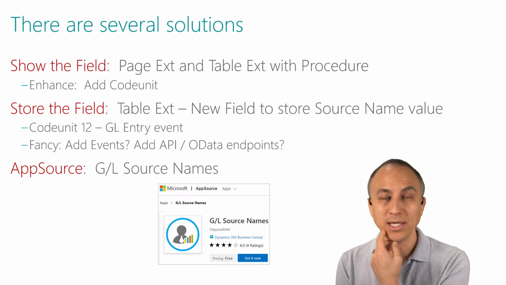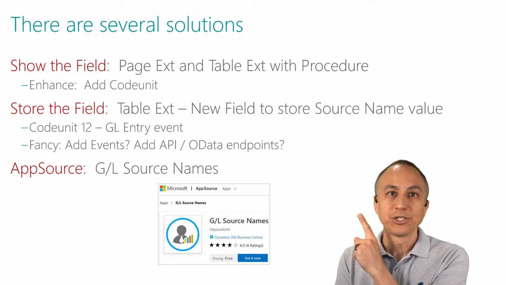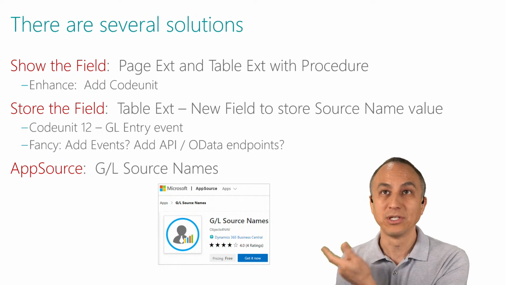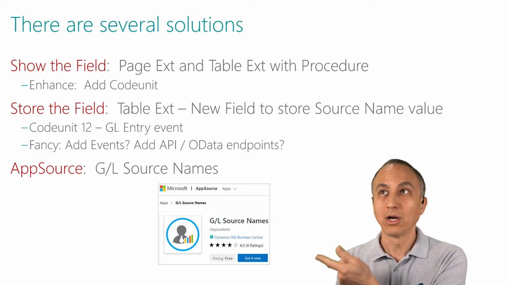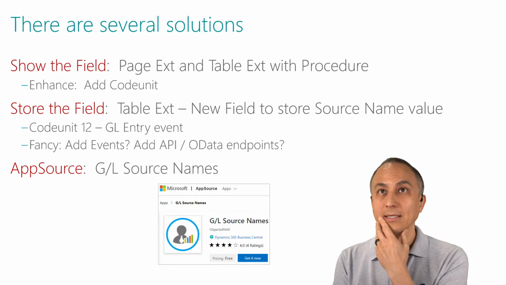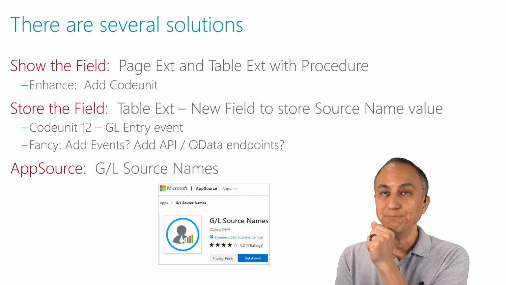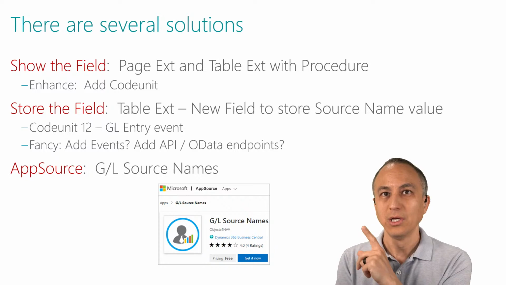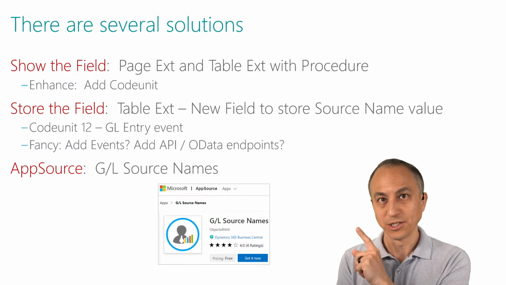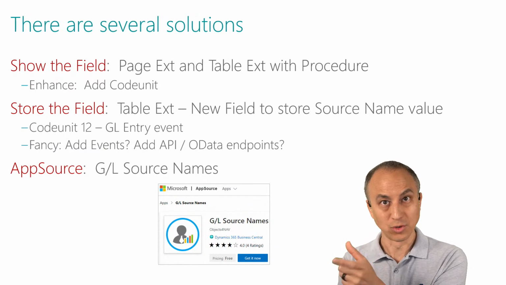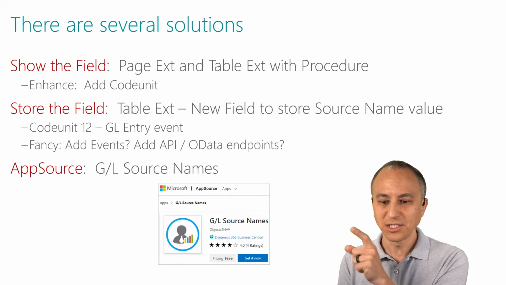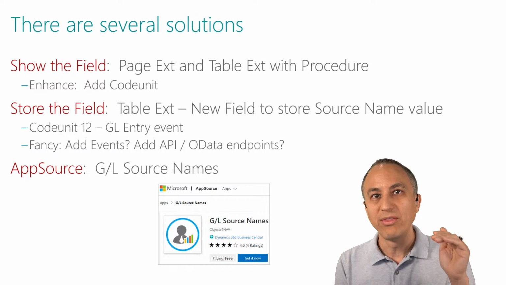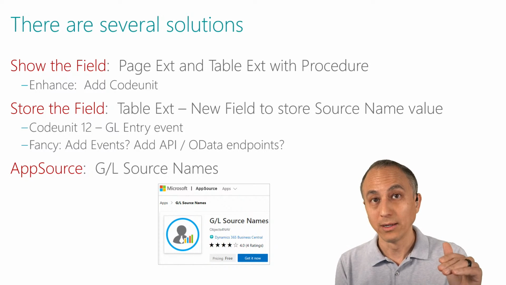It's not a better or worse scenario, but I just showed you the simple show-the-field solution, right? So I have a page extension, a table extension, and a codeunit with a procedure, and it gets the job done. Well, Jeremy said he would probably take a different approach of creating a table extension with a custom field, let's call it source name, such that you can store the source name with that GL entry record.